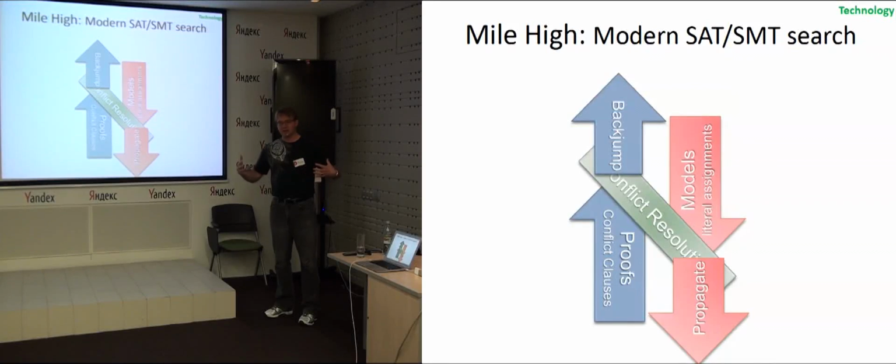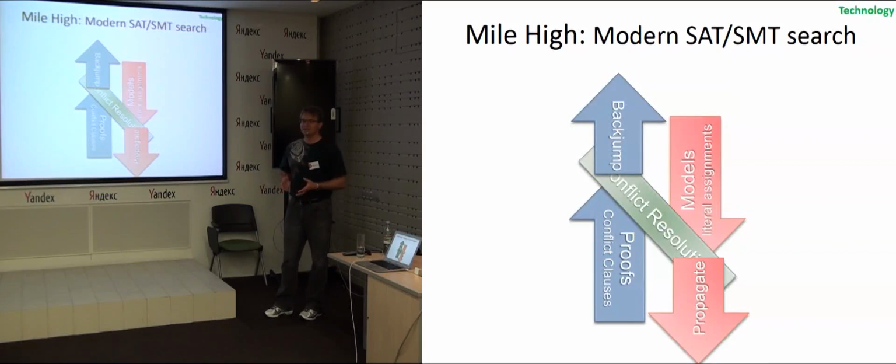So it searches for either a witness that the formula is satisfiable, or a certificate that there is no satisfiable assignment for the formula. And this is a common theme in most modern SAT and SMT solving algorithms.